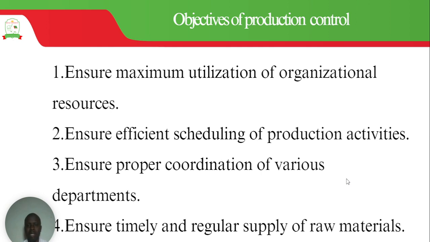Remember, an organization is a big setup of different people, different departments that we are putting together. We have the marketing department, the human resource department, the finance department, and all these departments are interdependent. They depend on each other for successful completion of activities. And the other one is to ensure timely and regular supply of raw materials.